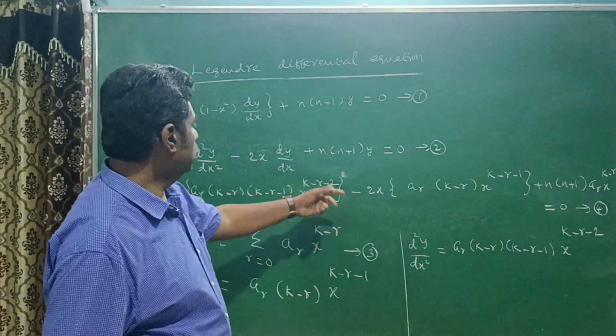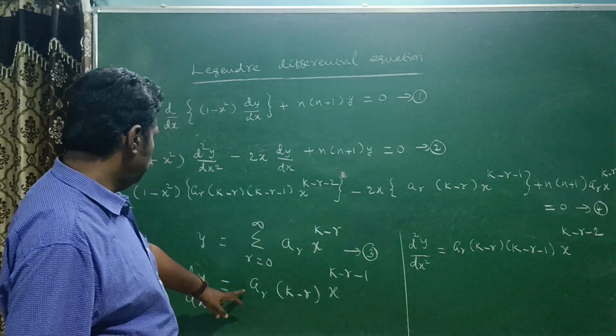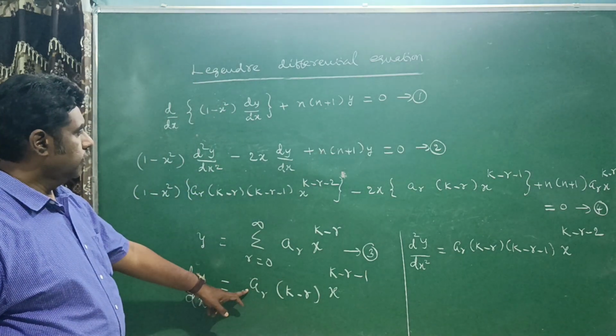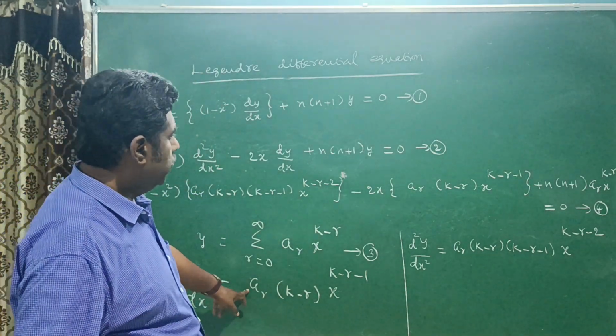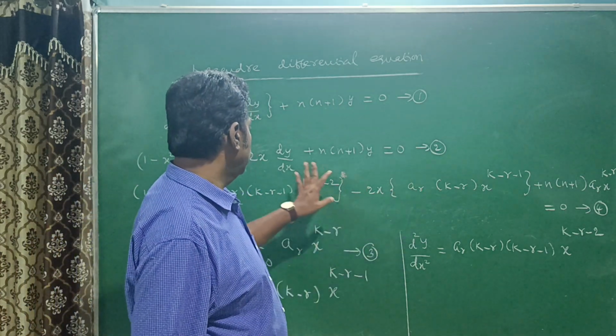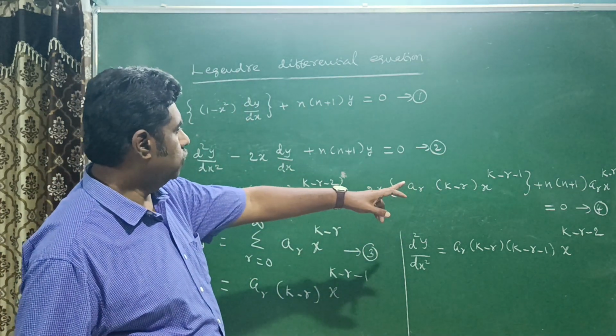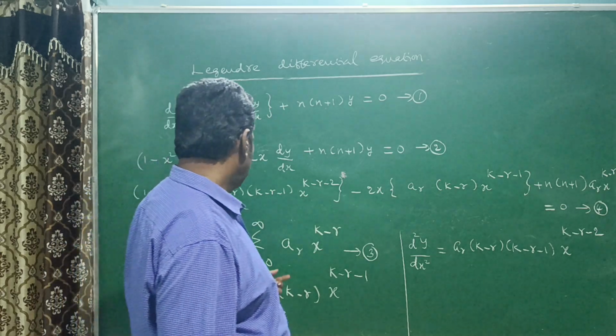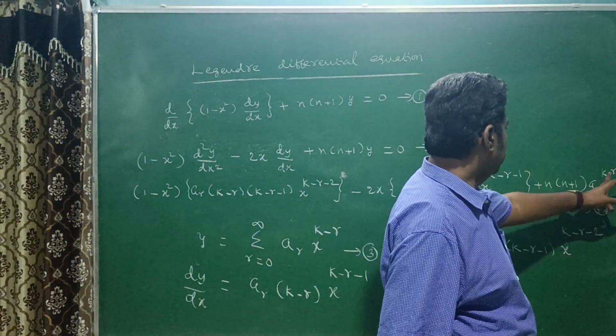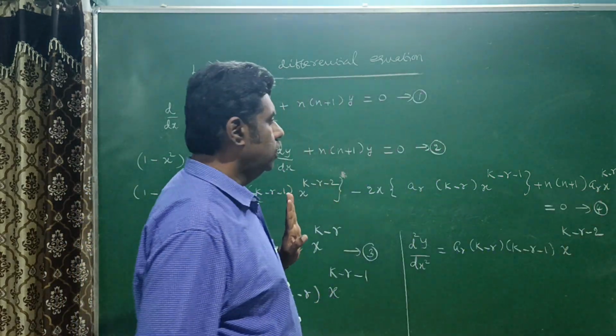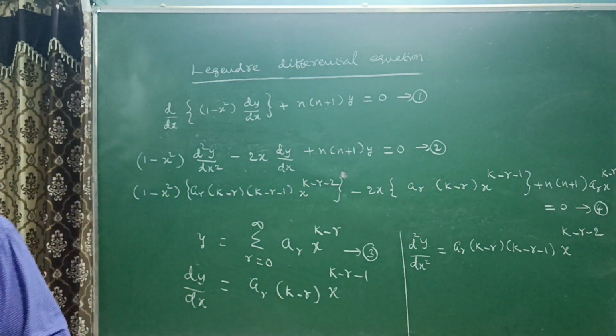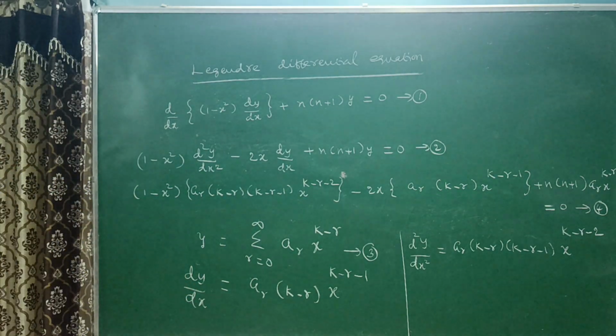Then minus 2x into dy by dx. The value of dy by dx is this much, ar (k minus r) x power k minus r minus 1, plus n into (n plus 1). The value of y is ar x power k minus r. Entire is equal to 0. Now we have to simplify this.